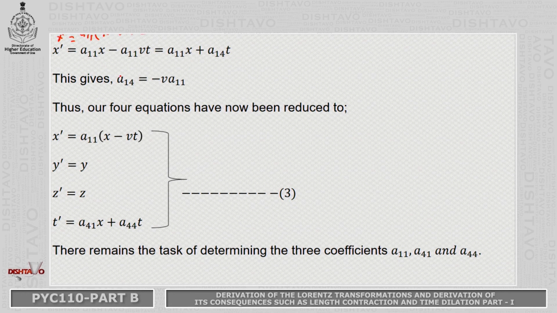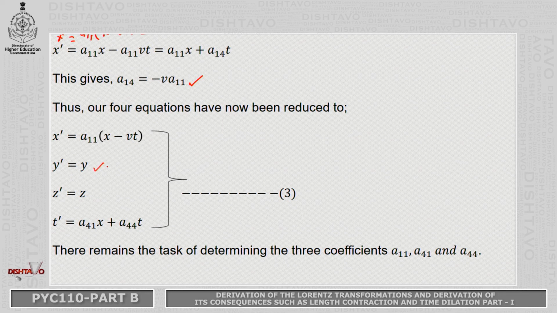We can write a11x minus a11vt equal to a11x plus a14t. So from here we see that a14 is minus va11. So we have fixed one more constant, but in terms of another constant a11. If you substitute back in our original transformation equation, we had a11x plus a14t, now a14 is minus va11, so we get a11 times x minus vt.